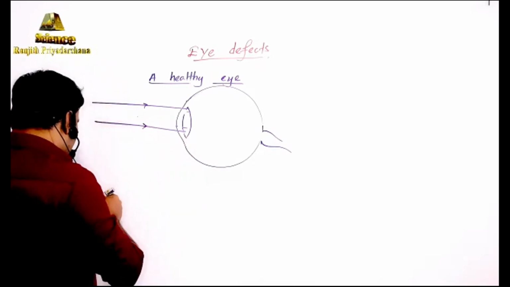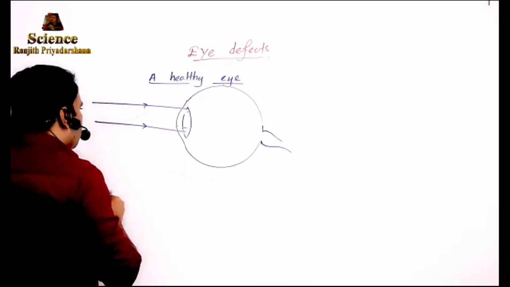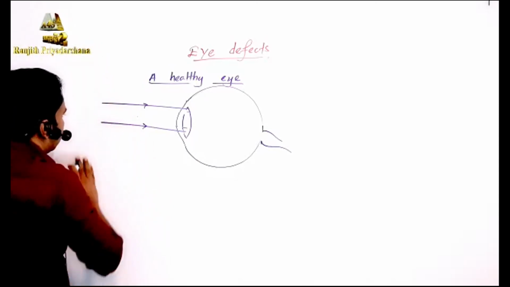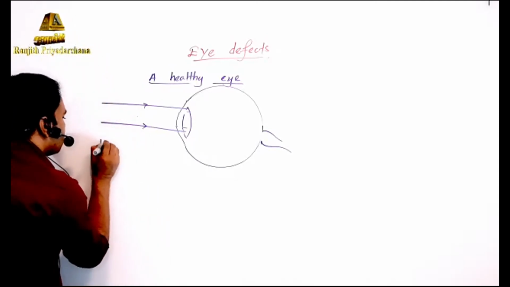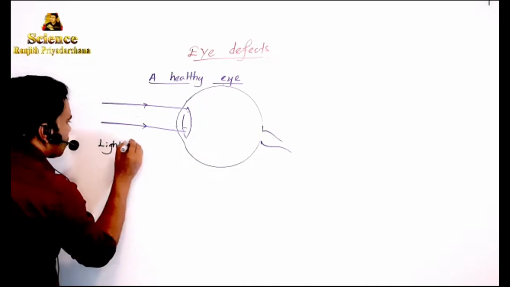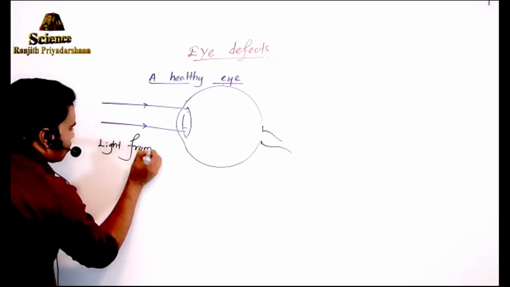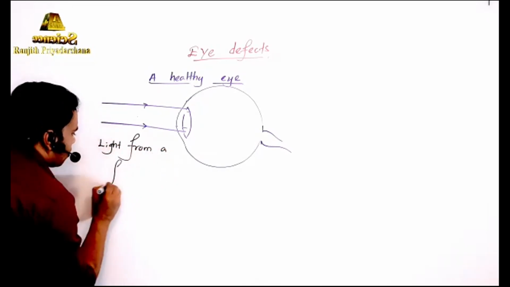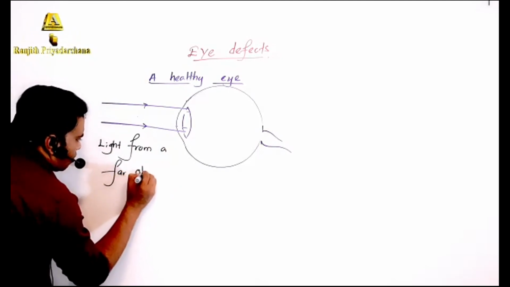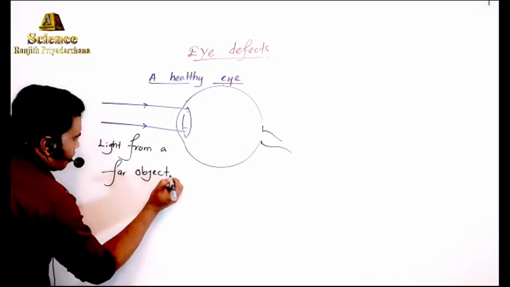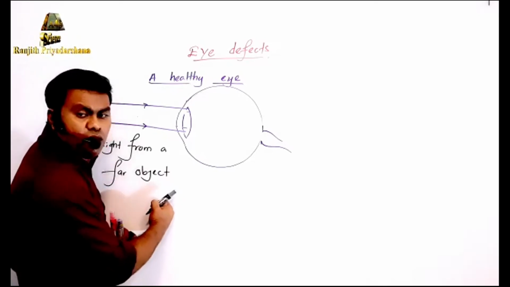So we write that light from an object situated far away. Light from a far object.